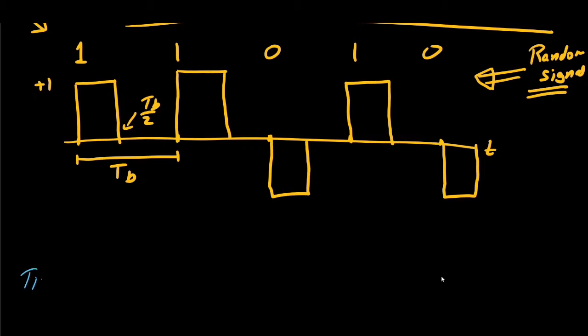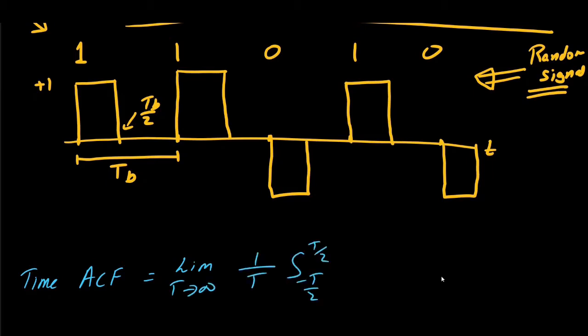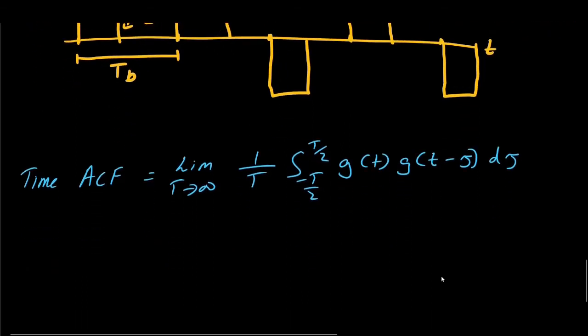So the time autocorrelation function is simply limit T tends to infinity, 1 by T, integral from minus T by 2 to T by 2 of g of t minus tau d tau. Now as the first step, I need to get rid of this T, because I now have bits rather than the complete time.